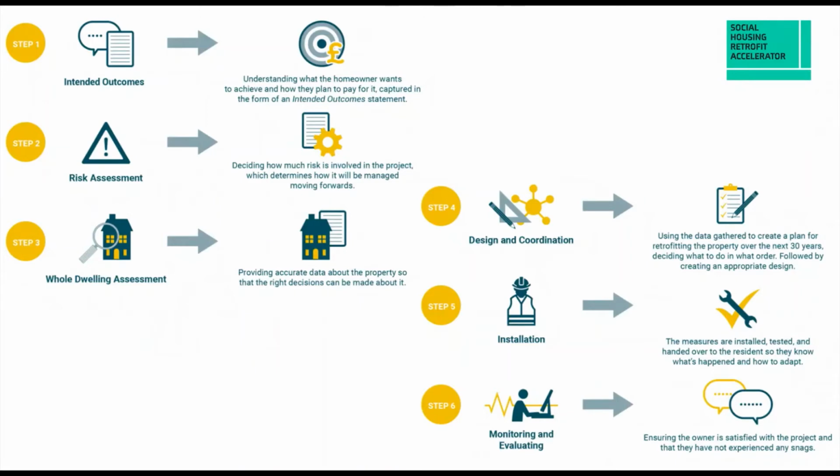And ultimately, that's about going back to step one, the intended outcomes, and making sure that they were actually achieved. So if you said at the beginning, we're going to make this house more comfortable because the occupant's freezing and they're in fuel poverty and they're struggling to pay bills and heat the house, the questions you're going to ask at the end of the project are: are you more comfortable? Are you able to heat your house more? Are you able to heat more rooms in your house?